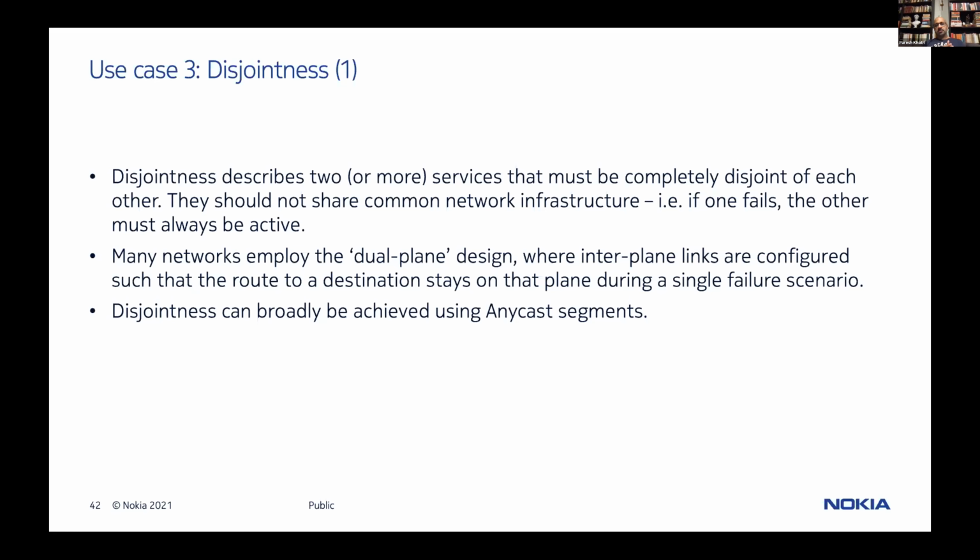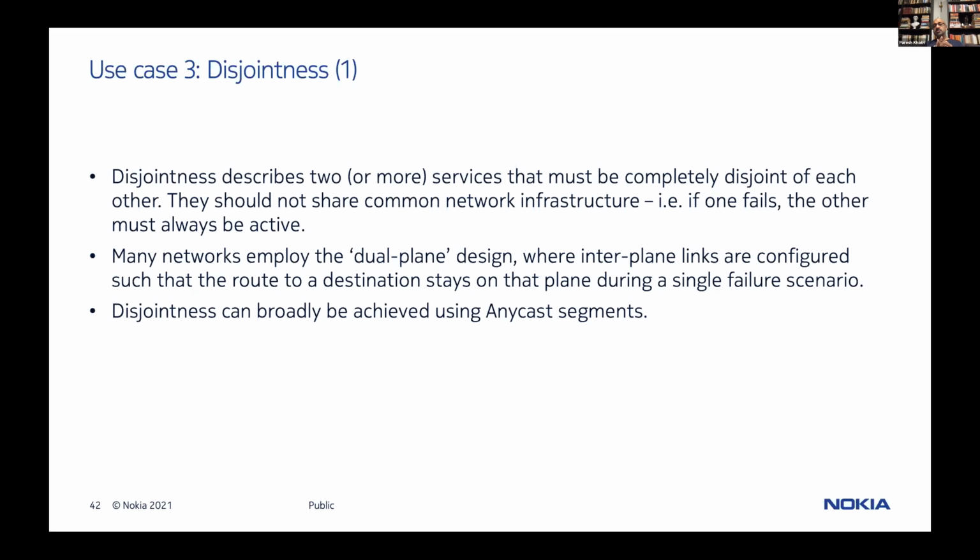Why is that important? It's important because you might be building a highly diverse service where you want the ability to have two paths that are completely disjoint. So there's no single point of failure that links both of them. So if one fails, you're guaranteed that the other one will be up. Now, one of the situations where we use this is in dual plane networks.